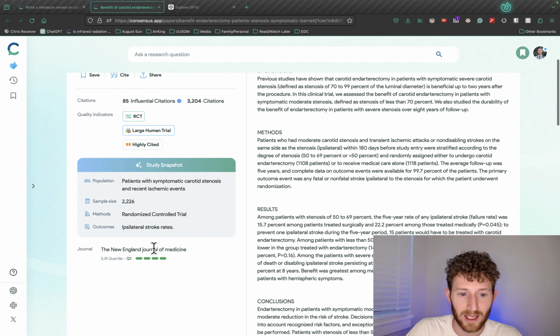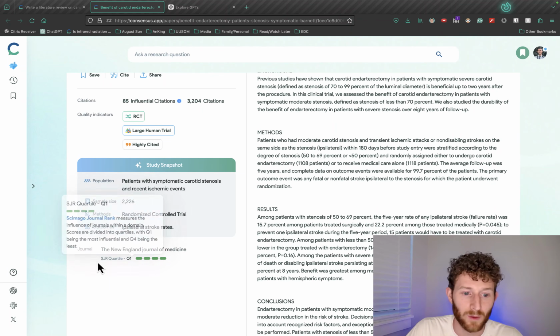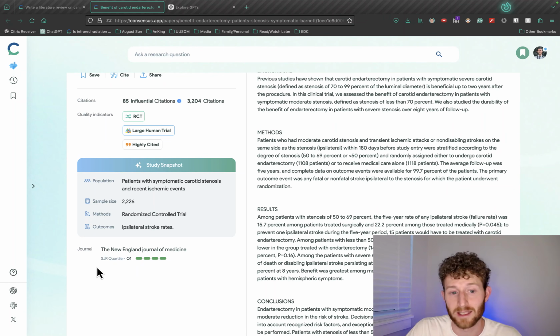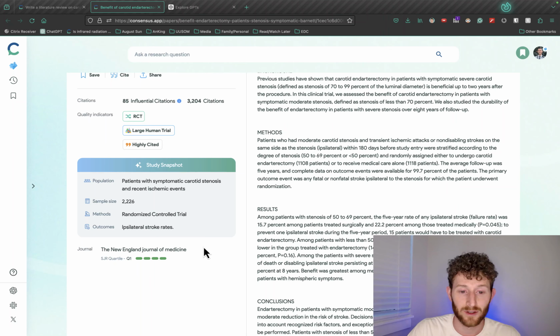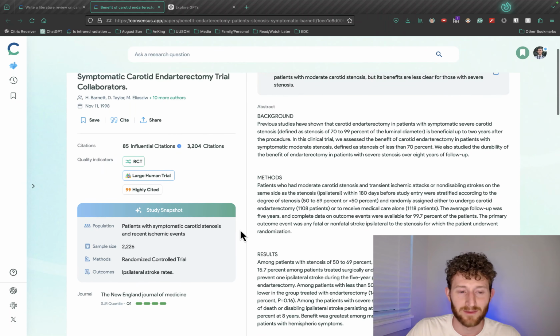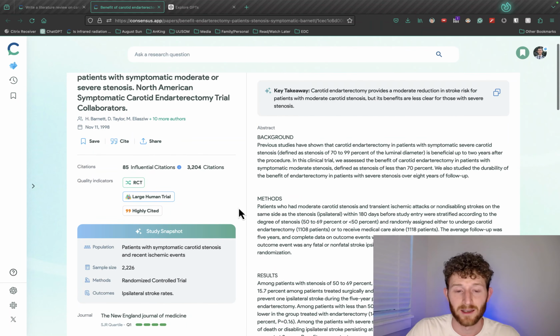Additionally, you can come look down here and evaluate what kind of journal was this. Say you weren't familiar with the New England Journal of Medicine, you can look at these quartiles. This one is in that Q1. This is a highly competitive journal to get into. It has very strict requirements to be able to publish data, and it has a very large impact value.